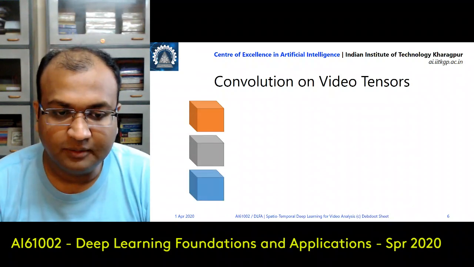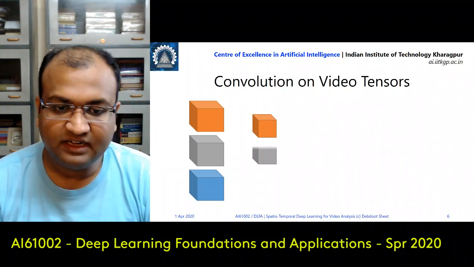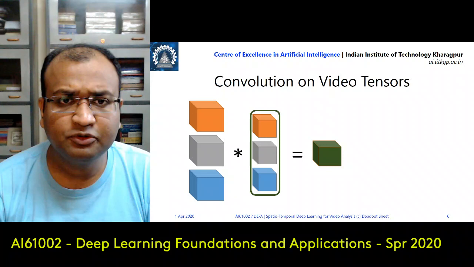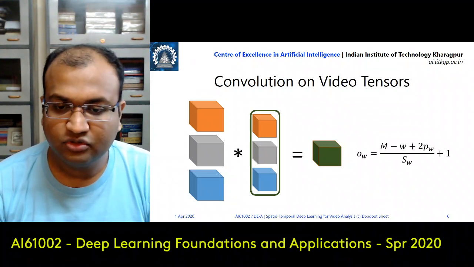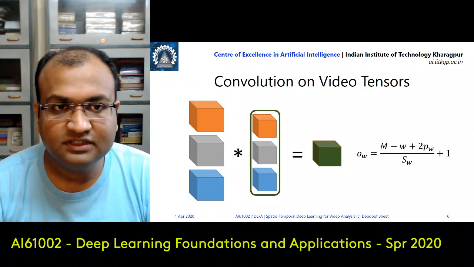So if I have this video which is represented like this, and I have my convolution kernel over here, and that produces one channel of an output. Great. So the size of this channel is now going to be something of this sort.